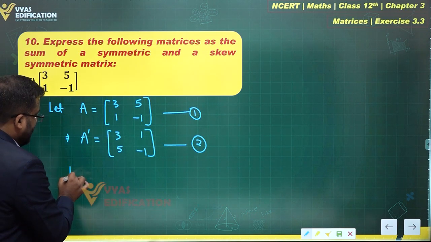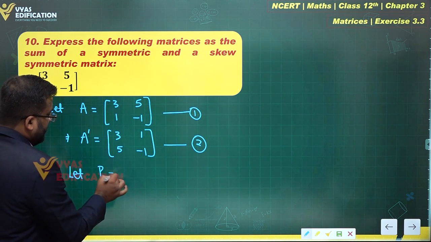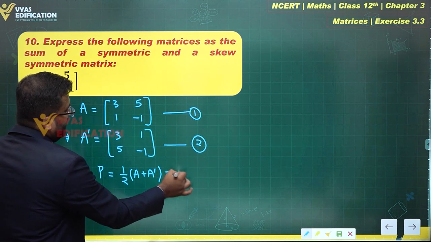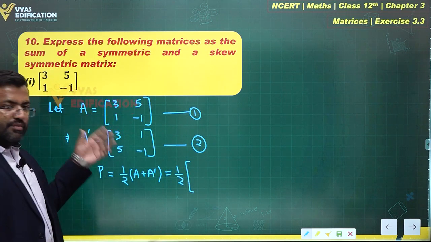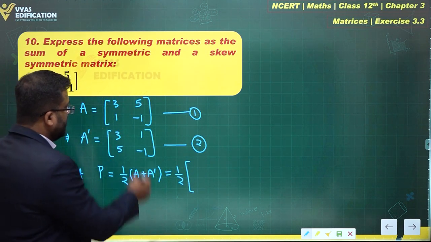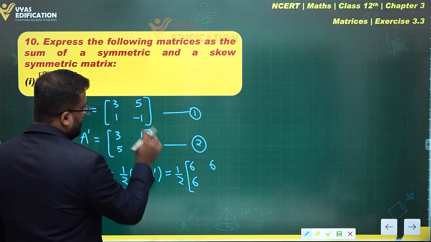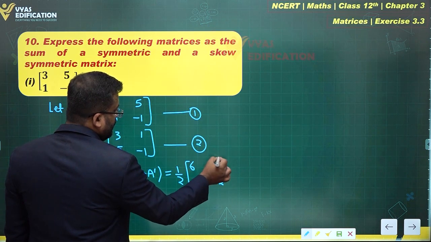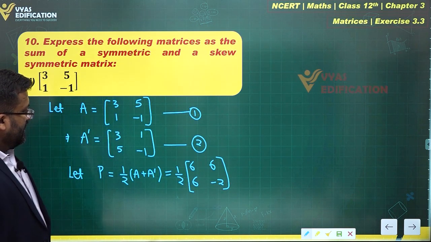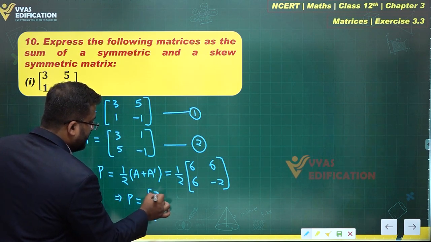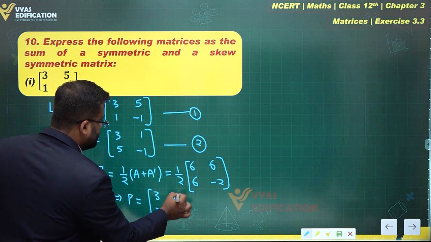Let P be a matrix which is half of A plus A prime. What is that? Half of the sum of these two matrices. 3 plus 3 is 6, 5 plus 1 is 6, 1 plus 5 is 6, and minus 1 minus 1 is minus 2. On multiplying it with half, this gives me P equals 3, 3, 3, minus 1.